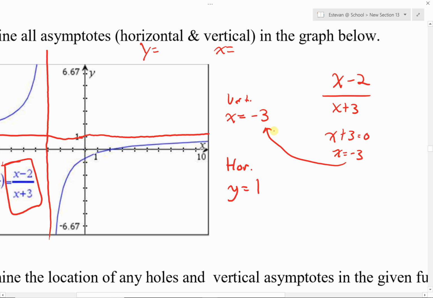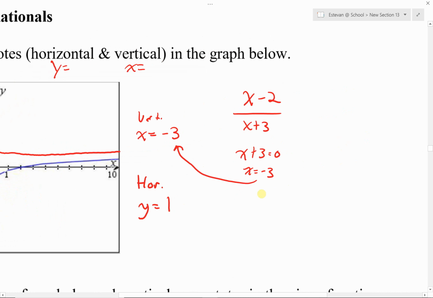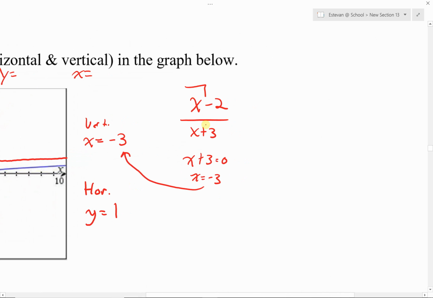Simple. Hence the vertical asymptote. For the horizontal asymptote, we look at the degrees. This is 1, that's 1. If you remember the rules, if your top is bigger than the bottom, your horizontal asymptote does not exist.